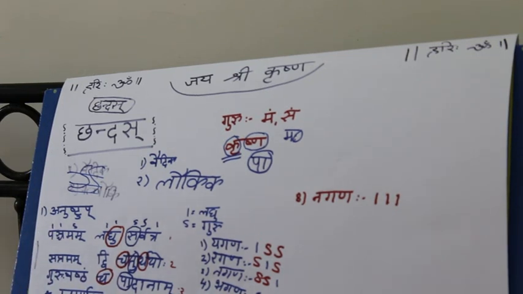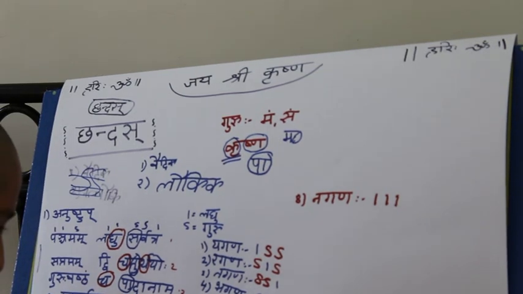So cha, tu, ram, sya, da, nu, shtu, bhi. So this has correct letters. Chaturnam syadanushtubhihi. That's how it works. Now cha, tu, ram, sya. So this is the fourth letter, then the fifth letter should be laghu.